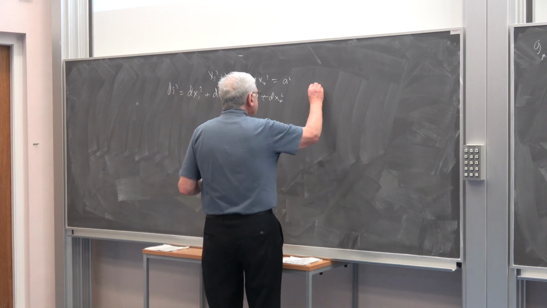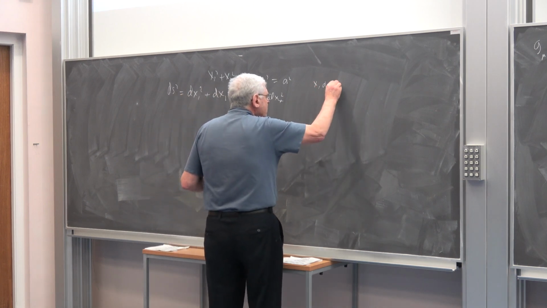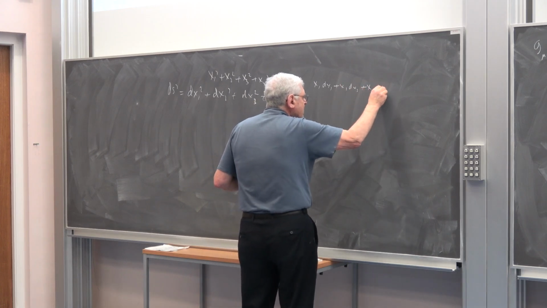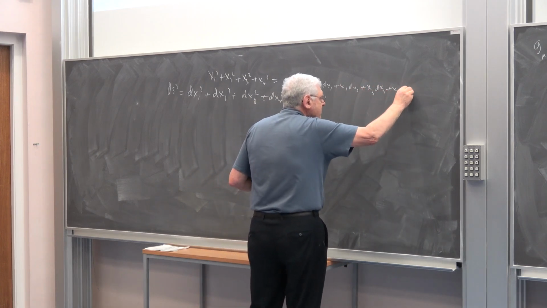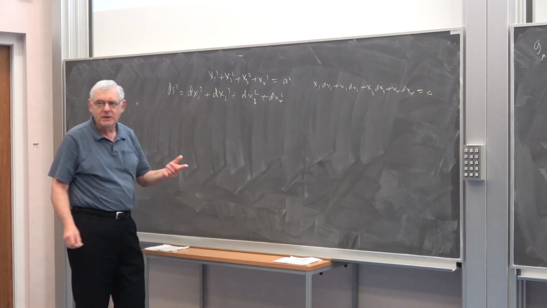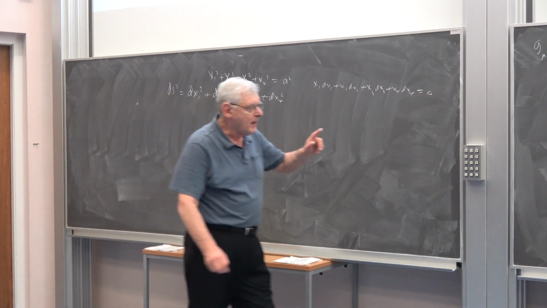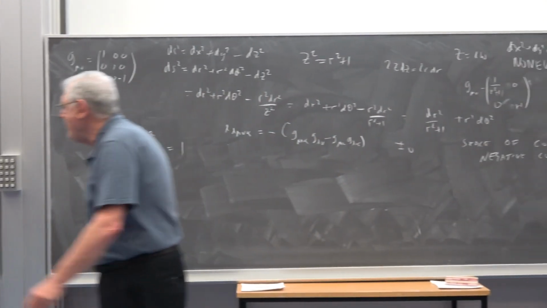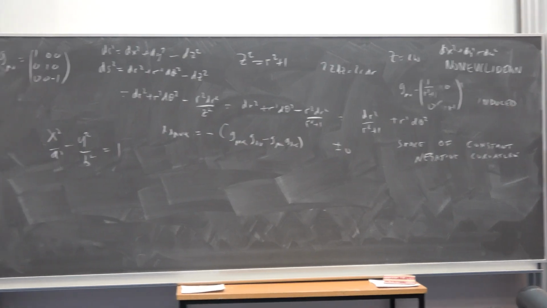So we write it out. We take the derivative, x1 dx1 plus x2 dx2 plus x3 dx3 plus x4 dx4 equals 0. Just take the derivative. A squared is a constant. That's the important point. A is a constant. If we made a to be a function, then this would just be a bit more complicated.